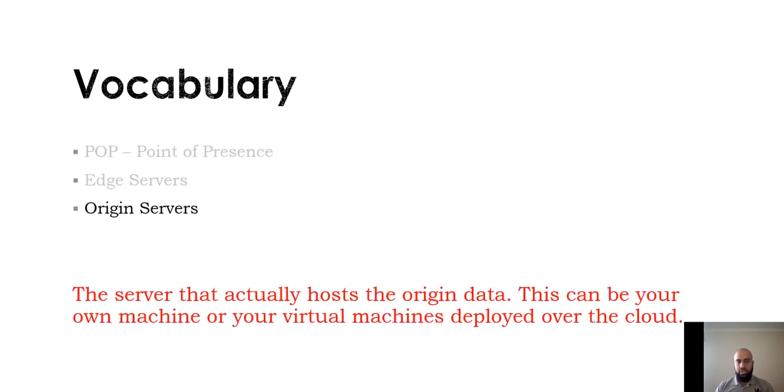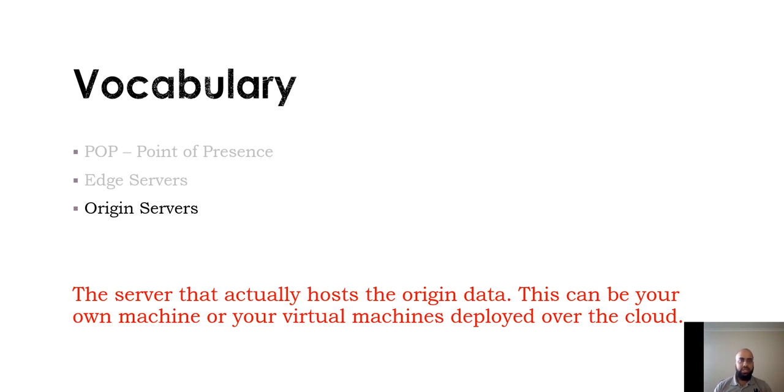An origin server is where you actually host your data. That's the original place that owns the data. If I were to build a web application, I might decide on deploying it in the cloud, which means I might select one of the regions, such as Australia East or Australia Southeast, which means my data is hosted on a physical machine somewhere in Sydney or Melbourne.